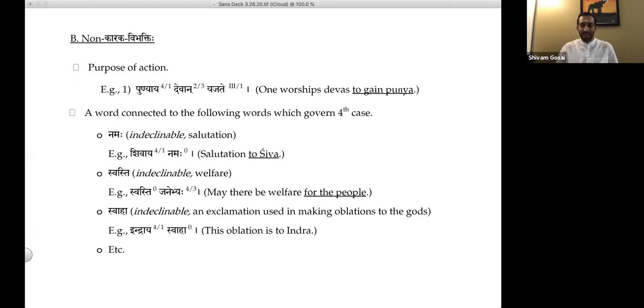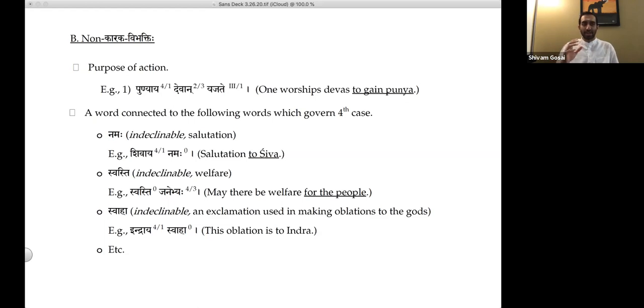Om Namah Shivaya. So Shivaya is the fourth case, just like Ramaya. Shivaya, because it's connected to the word Namaha, meaning salutation or my bowing or my prostration, then that noun gets the fourth case. So it's like the object of salutation in a way.